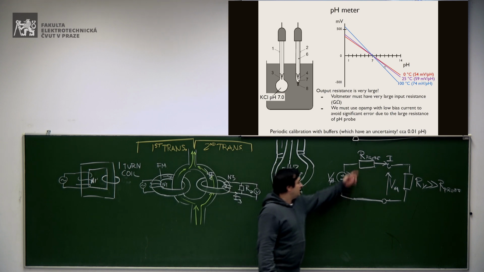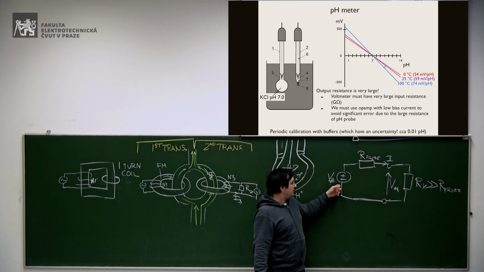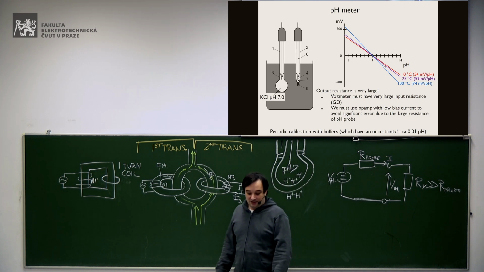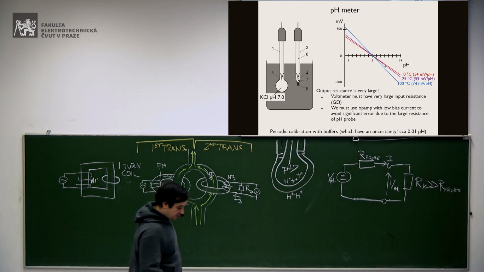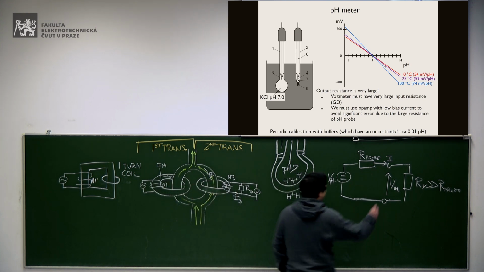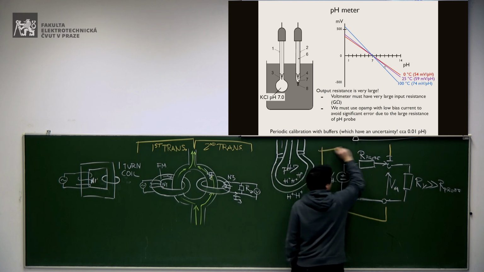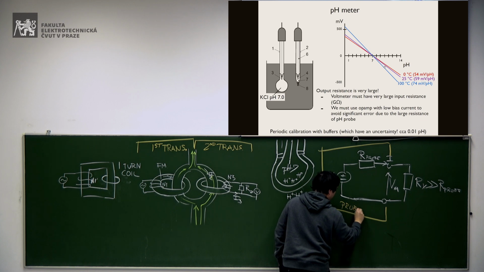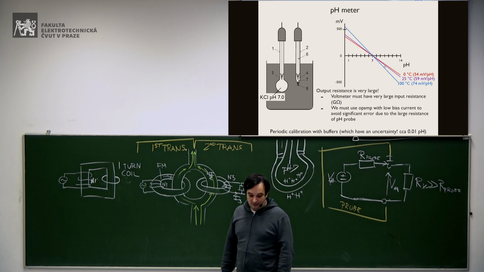Otherwise, you load your circuit, and then the voltage that you get here is not the same voltage of the probe, but you will miss a considerable amount of the voltage on this resistance of the probe, okay? So this is just to make it clear, this is your probe, okay? This is the voltage of the probe, and this is the internal resistance of the probe.